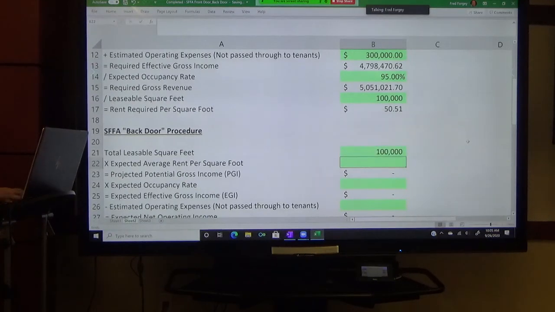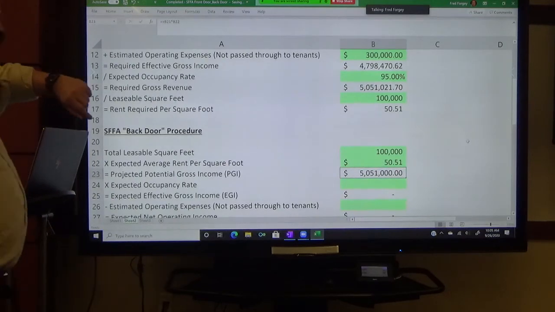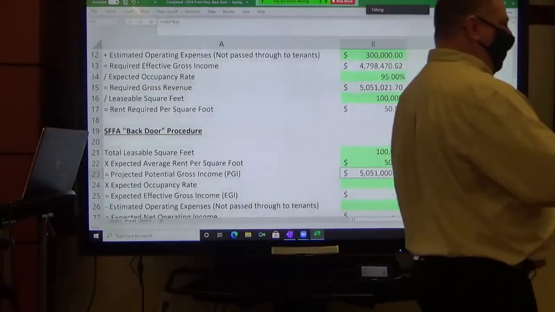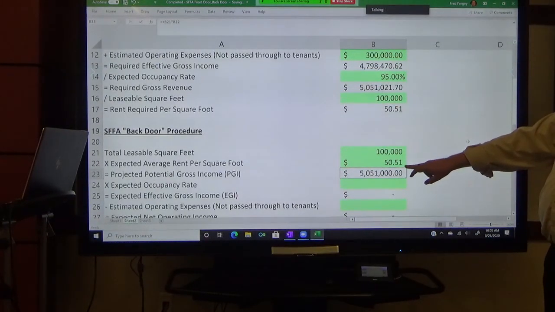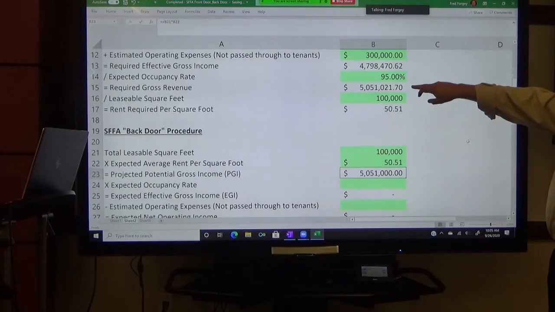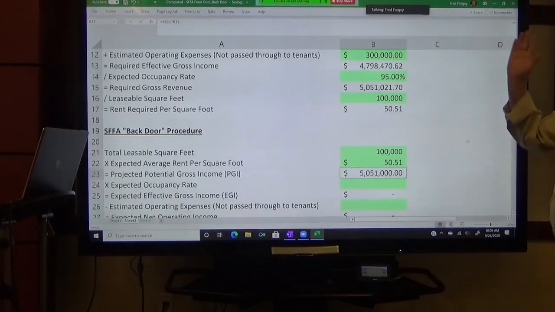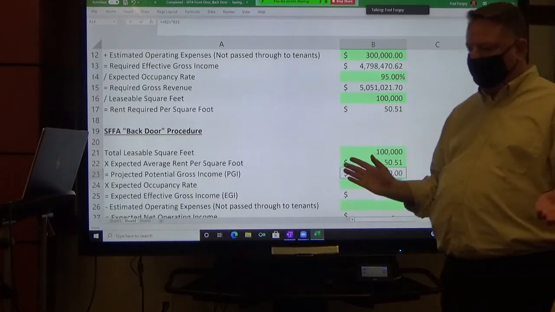Rent per square foot, I'm just going to type it in as 50.51, realizing because of rounding, it may be off a little bit. You can see right off the bat, just so that no one gets crazy, because we rounded it off to 50.51, there's a $21.70 difference, once again just due to rounding.